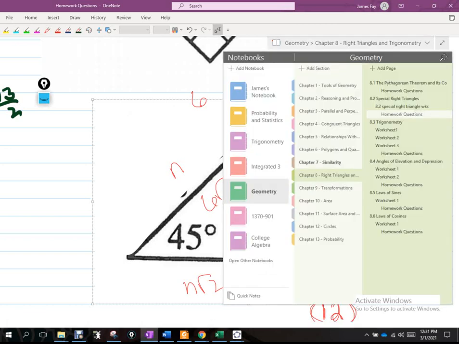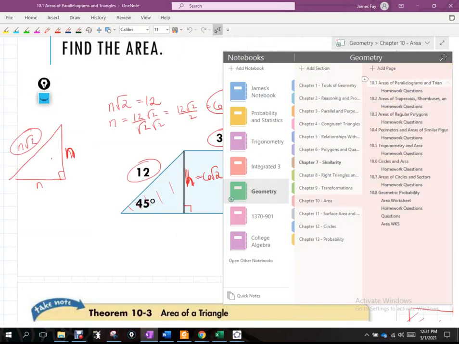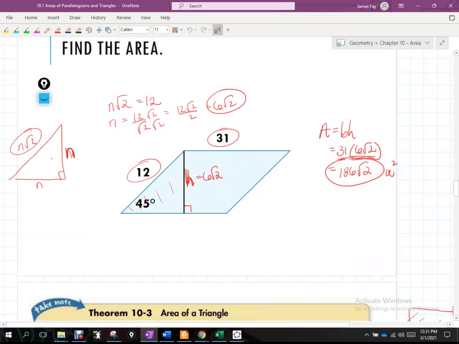I was just scrolling through some of my notes for upcoming sections. This is an area section for parallelograms. Notice in a parallelogram, I need this distance here times this height, and we'll talk about this length here.